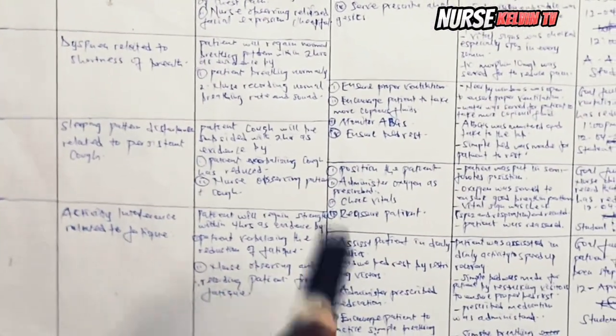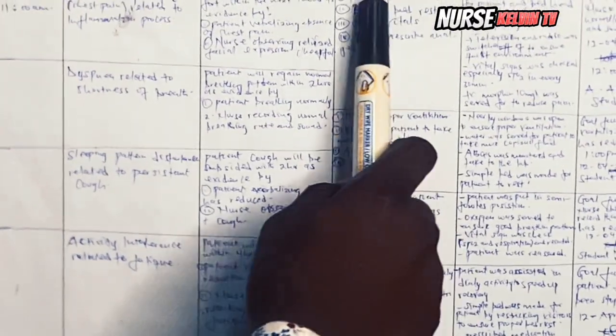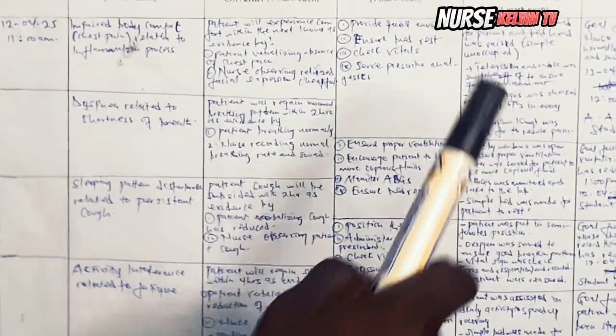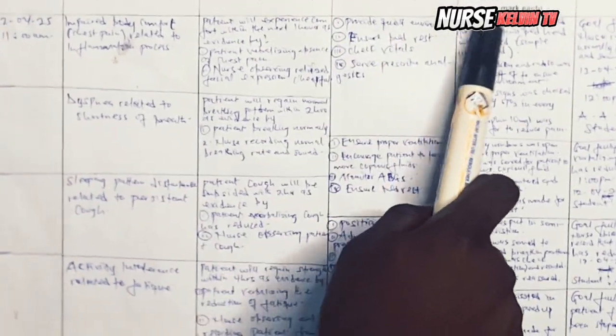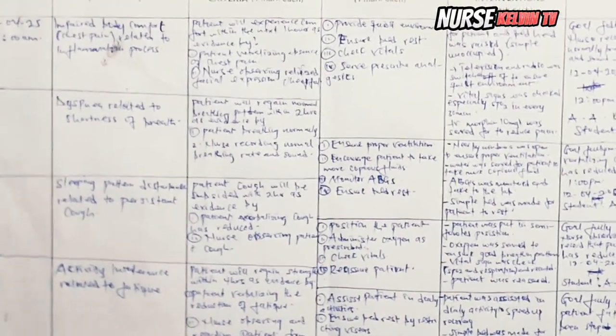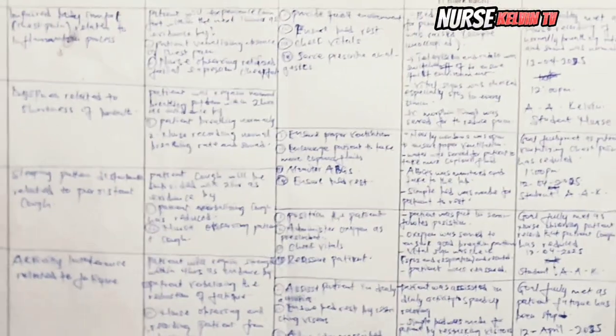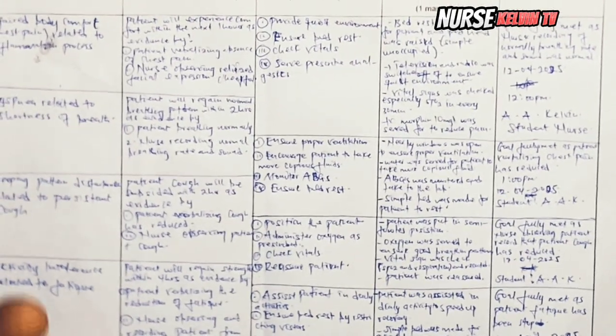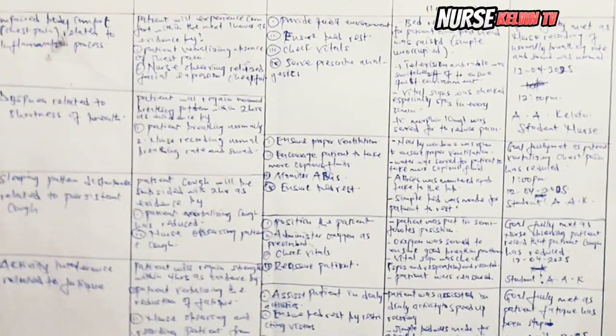So when you come here, provide quiet environment. You need to make sure bed rest was ensured for the patient, and the bed head was raised, with a simple unoccupied bed.